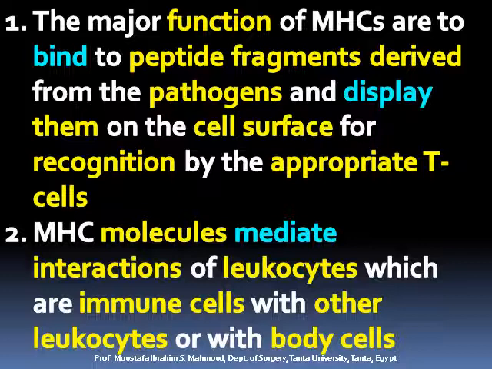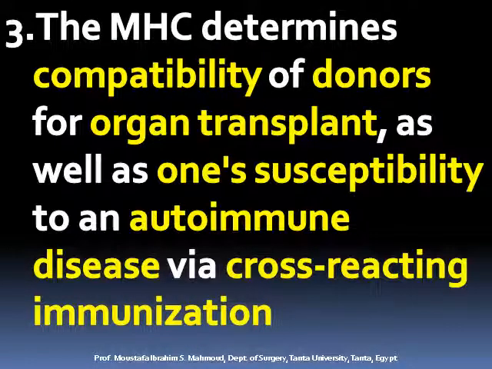MHC molecules mediate interactions of leukocytes, which are immune cells, with other leukocytes or with body cells. The MHC determines compatibility of donors for organ transplant as well as one's susceptibility to an autoimmune disease via cross-reacting immunization.